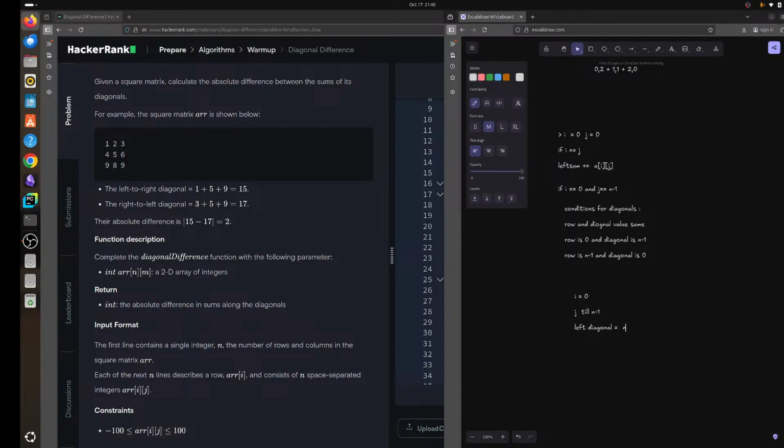But the right side diagonal can have three things. First is row 0 and column n minus 1.